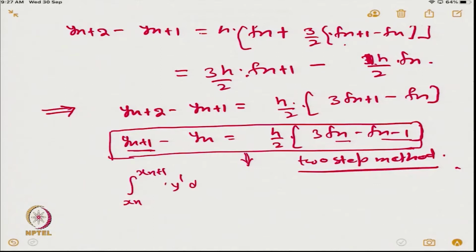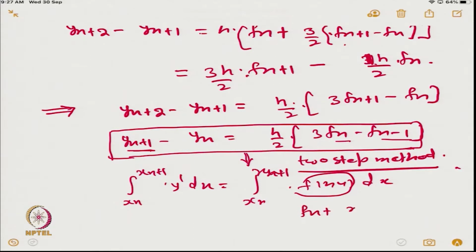But more formally, if you do it the following way and then interpolate this function with f n, you will get the same difference equation which we got in the trapezoidal method.